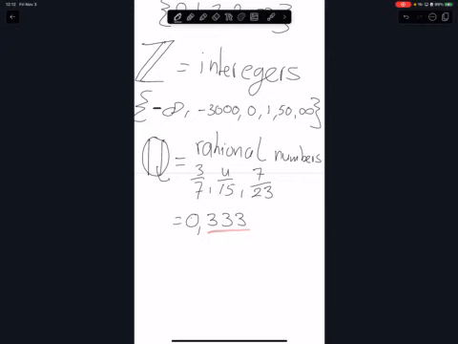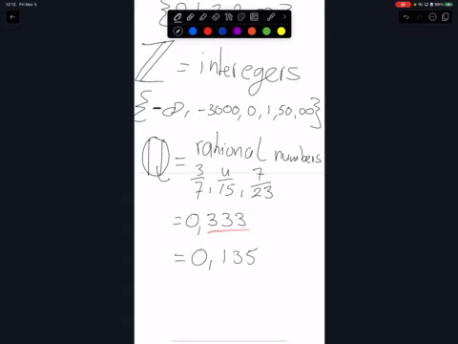The 333 keeps repeating themselves. That is why it's called a rational number. You might have fractions that become 0.135, and then they keep repeating again, 135, 135. That's why they are called rational numbers. They keep repeating themselves eventually.